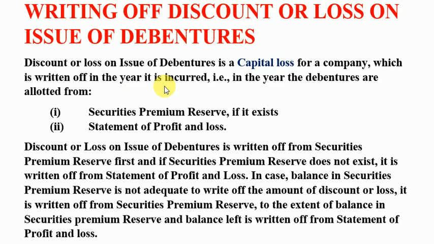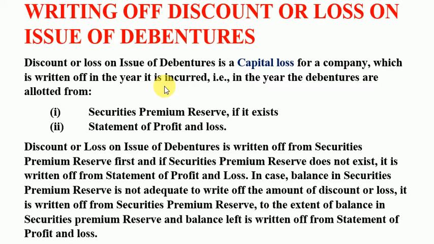That means, you know very well, whenever the company issues a debenture at less than the par value or nominal value, that condition is known as issue of debentures at discount, and that particular discount is a loss at the time of issue of debentures, and that particular loss will be written off in the year in which we have issued the debentures.